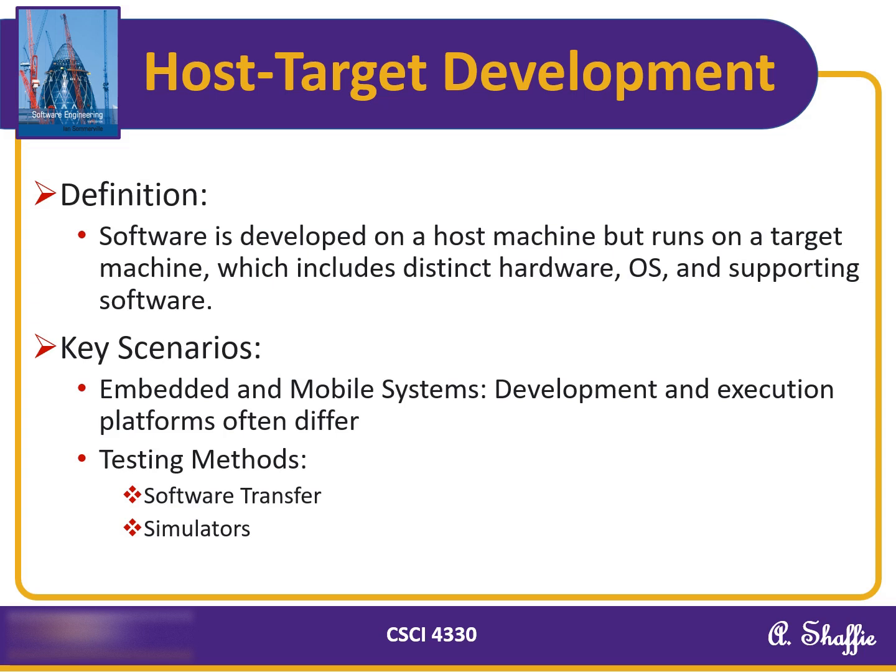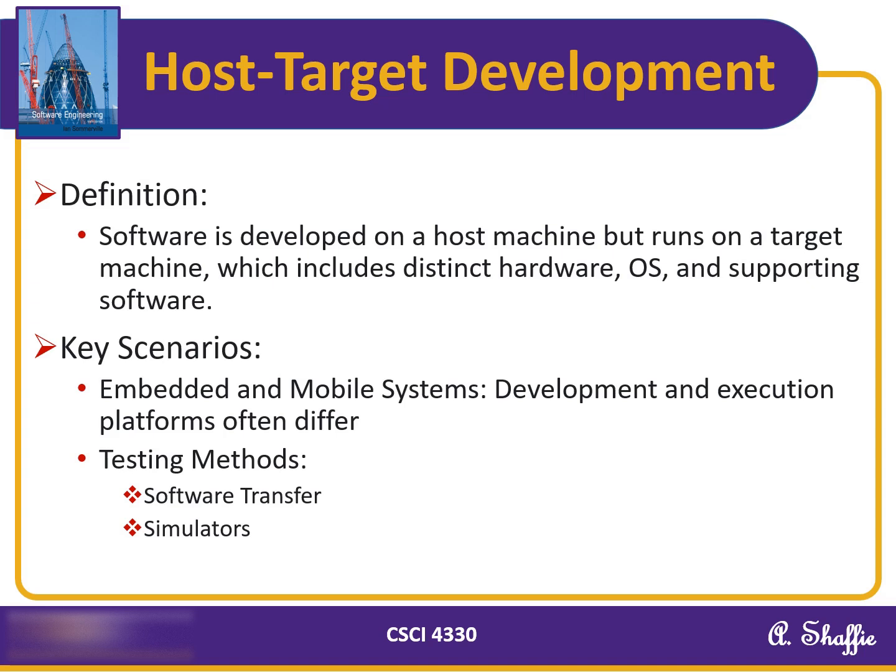This model is common in embedded systems and mobile applications, where the development and execution platforms are often distinct. For example, an application might be developed on a powerful PC and tested on a mobile phone. Here, the PC is the host and the mobile phone is the target.